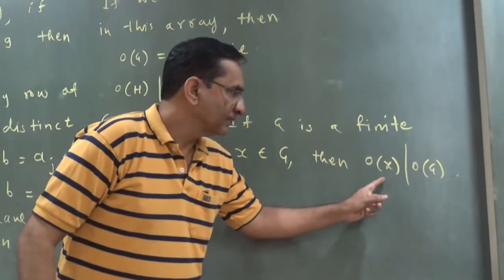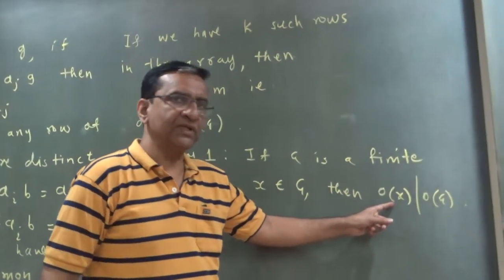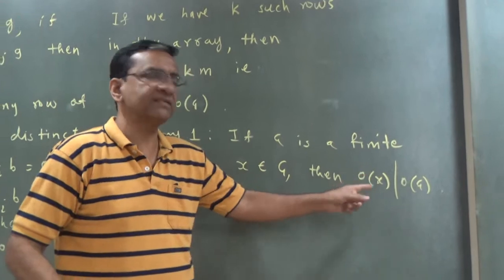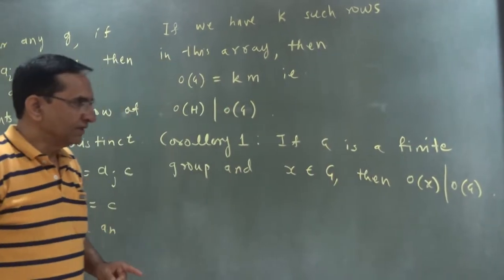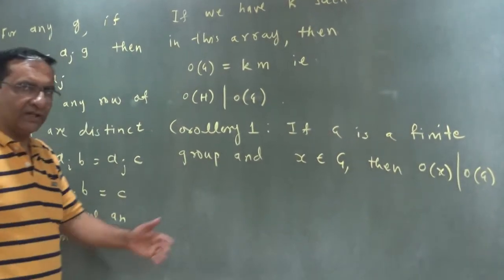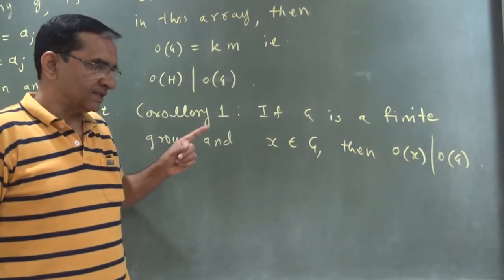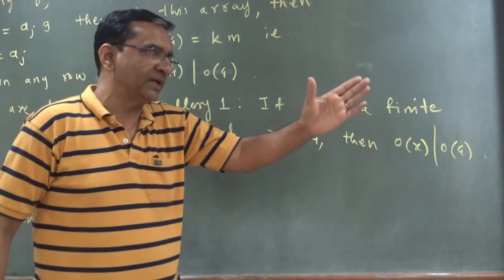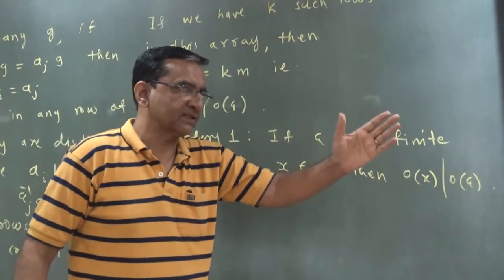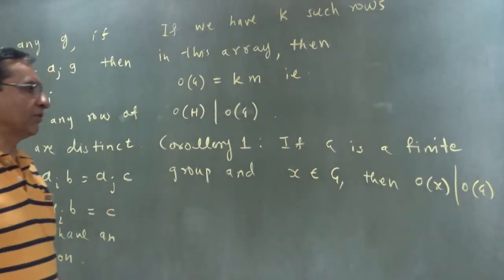The order of x is the smallest positive integer n such that x raised to n equals the identity. So you consider powers of x, x square, x cube, and the first time you hit the identity element, as x to the power n, that is the order of x.